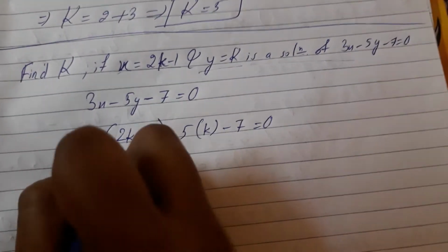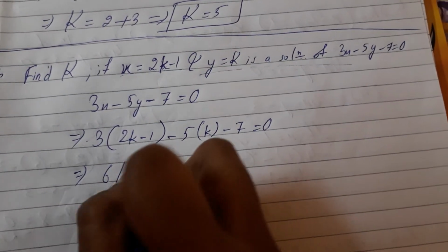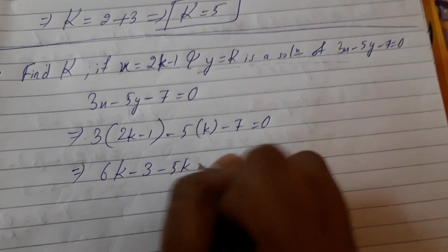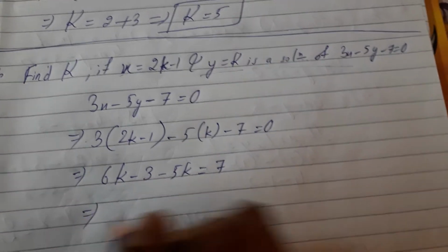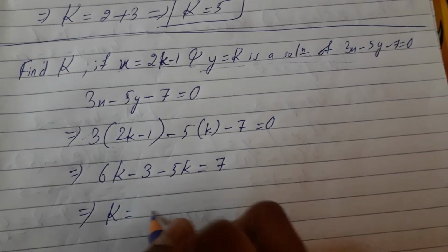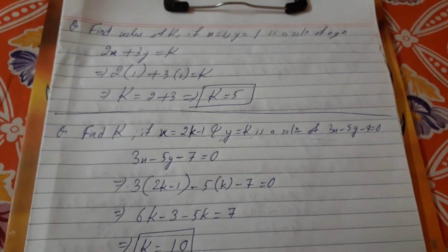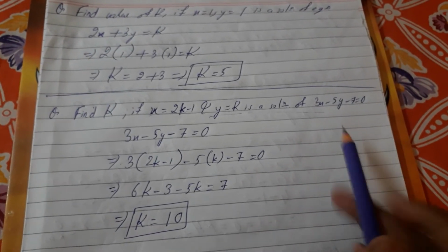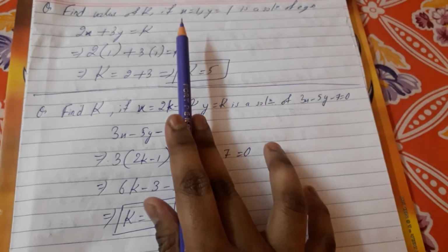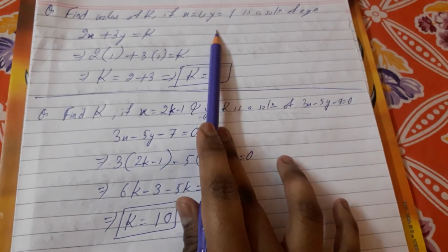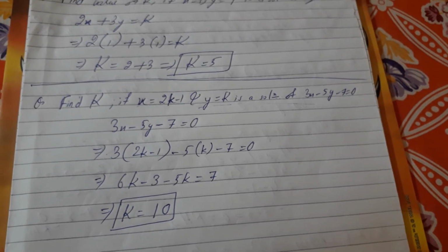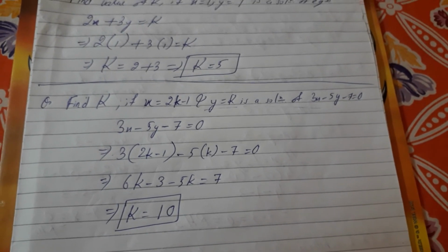This will be 3 into 2, 6k minus 3 minus 5k is equal to 7. So k is equal to 10. This is the value of k. Always, whatever the value may be, put into the equation the values of x and y which are given in your question. Then you can get it.